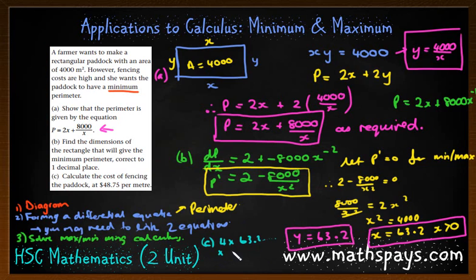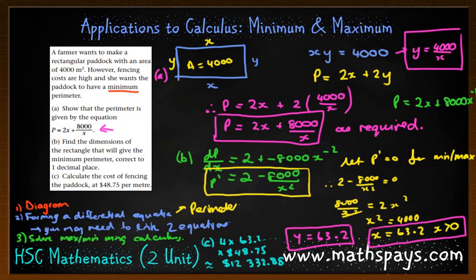I'm going to times that by $48.75 per meter, and if I throw all of that back in, then I'm going to get approximately, I'm going to use my little approximately symbols, $12,332.88.